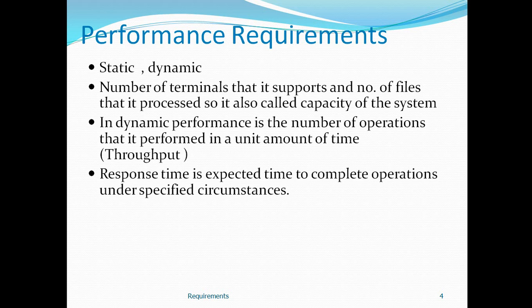So there are two types of performance, static and dynamic. Static is how many terminals, how many files are to be supported simultaneously, and dynamic is how many operations, how many tasks, how many processes are to be performed in a given amount of time, that is, how fast it is. That is to be considered in the dynamic performance requirements.